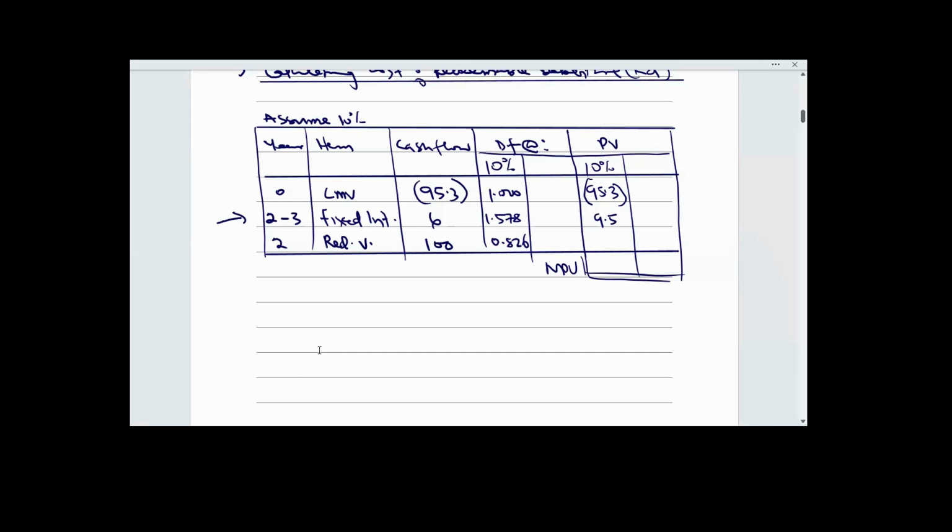Then 100 multiplied by 0.826, that's 82.6. So 82.6 plus 9.5.